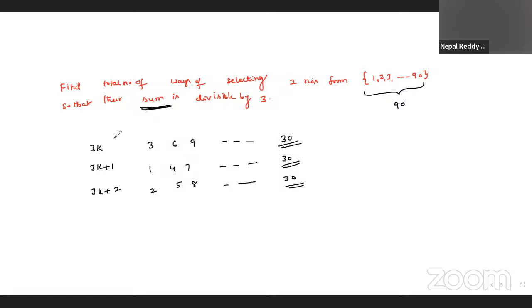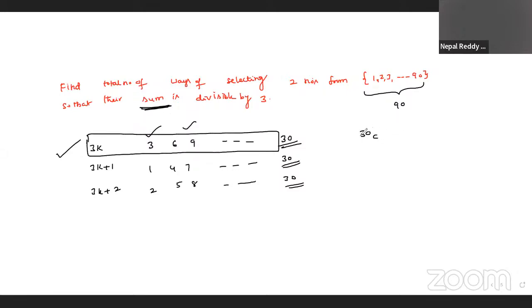So from 3k itself, if you select any two terms, say 3 and 9, their sum is 12, divisible by 3. Whatever two numbers you choose from the set of 3k values, there are a total of 30 numbers, and any two you select will have a sum divisible by 3.